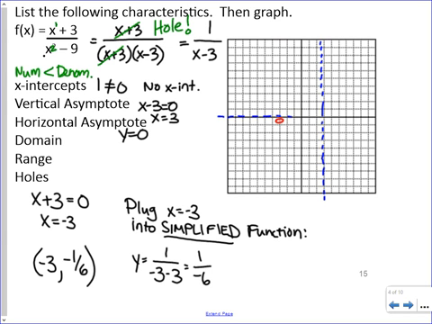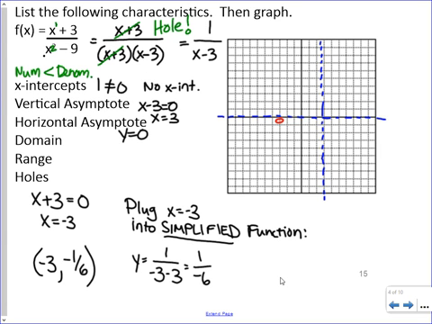Now, that makes sense: if your horizontal asymptote is at y equals 0, that's why you don't have an x-intercept. Because if you had an x-intercept, it would be on the line y equals 0, but there's not supposed to be anything there. Now, what's nice about this, that hole can still serve as a point to help you decide where your branches are. So do I know where my branches are going to be?